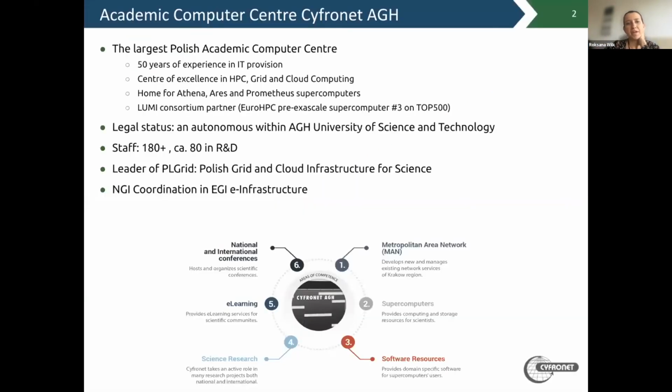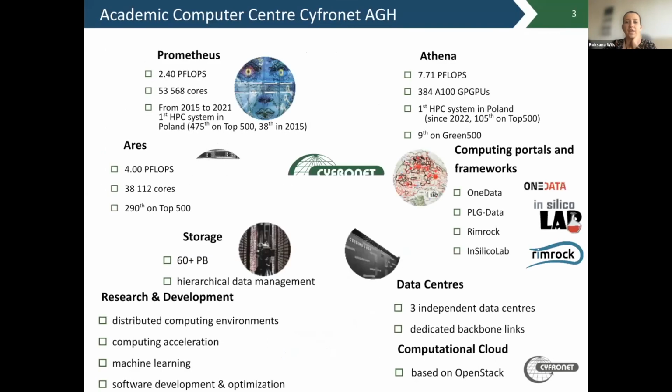A little bit about CyfroNet, just to be quick: we have 4 large computing machines. Our main capabilities are the computing power and the applications aimed at different scientific disciplines. We are autonomous within the Technological University in Krakow. And as I said, we are the coordinator of the Polish Grid and Cloud Infrastructure for Science, and also the coordinator of the National Grid Infrastructure in the EGI infrastructure.